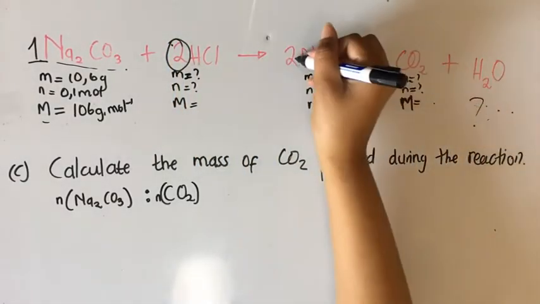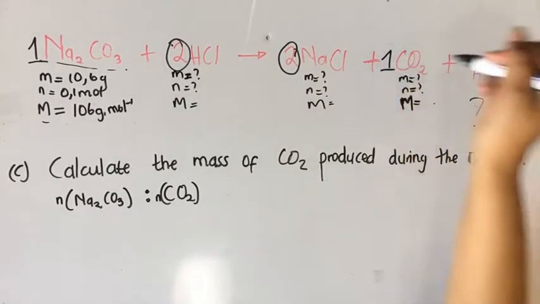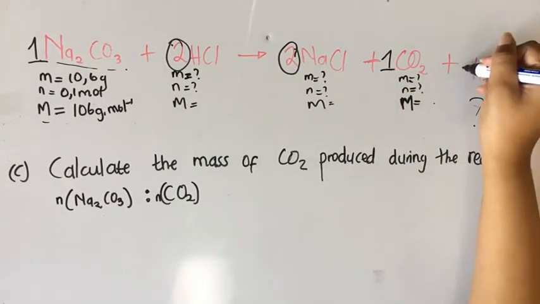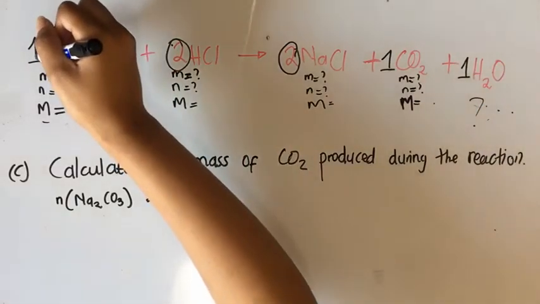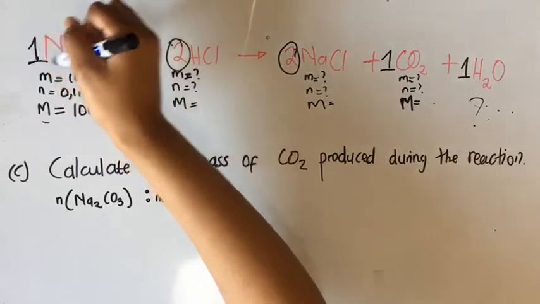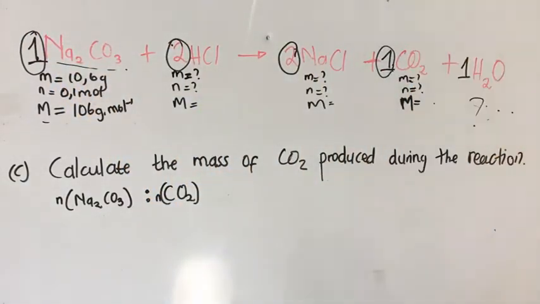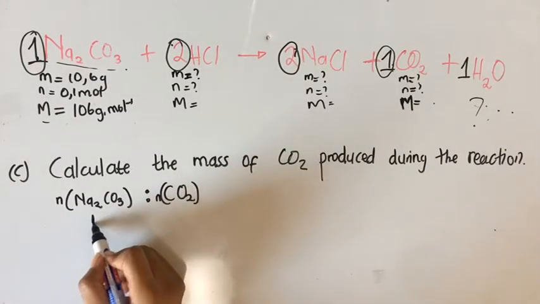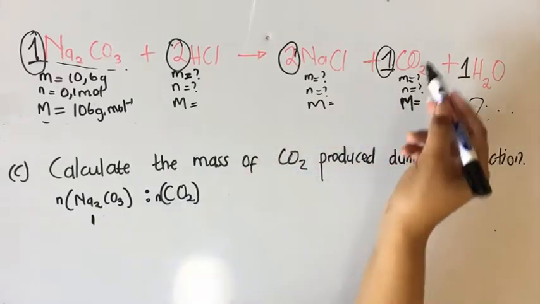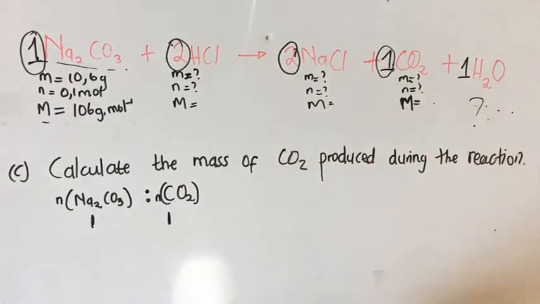Our sodium chloride I2, our carbon dioxide I1, water 1, right? So ku video yethu yokuqala ngifundisile ukuthi sibalansa kanjani. So now our sodium carbonate I1 is to our carbon dioxide now I1. So 1 is to 1.